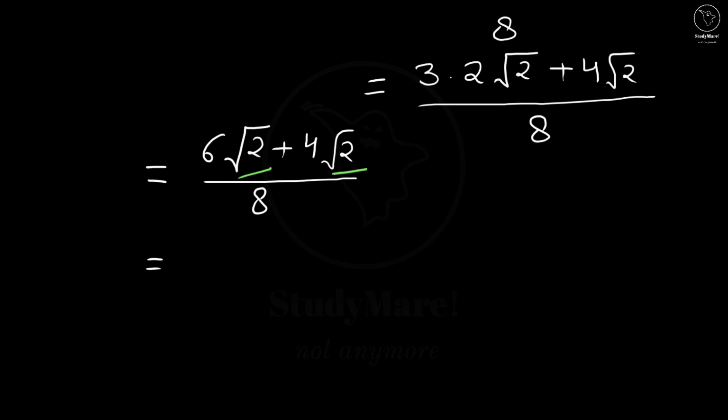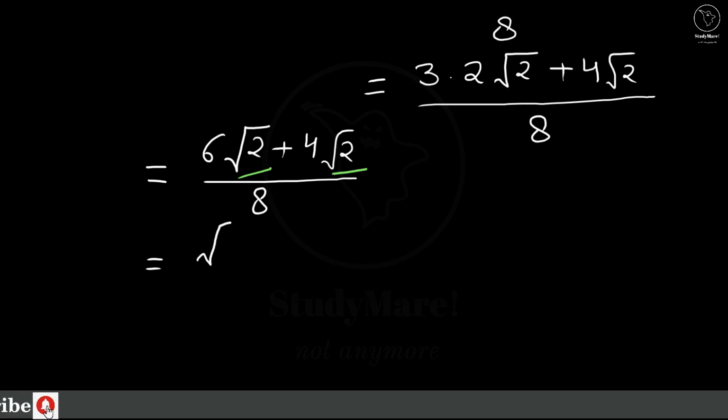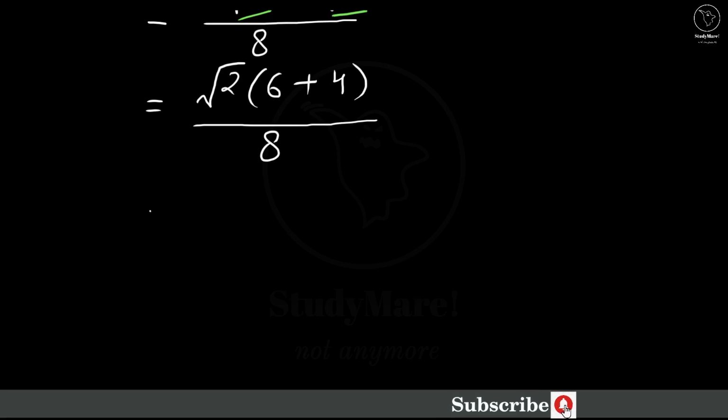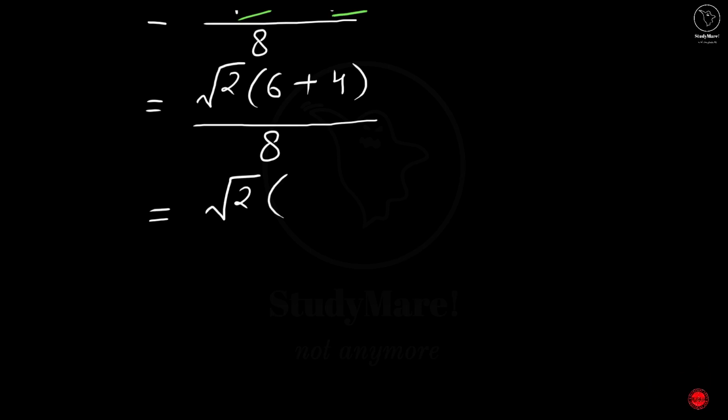That means we can take root 2 as common. So inside we are left with 6 in the first term plus 4 in the second term divided by 8, which is equal to root 2 into 6 plus 4, that is 10, divided by 8.